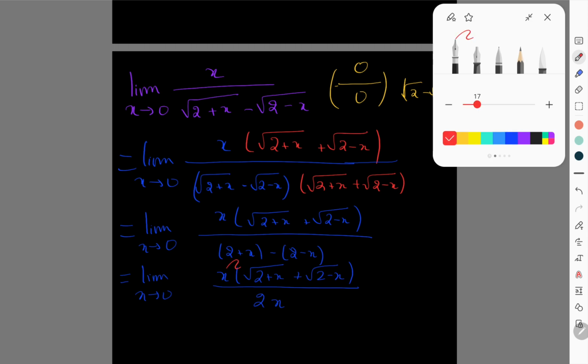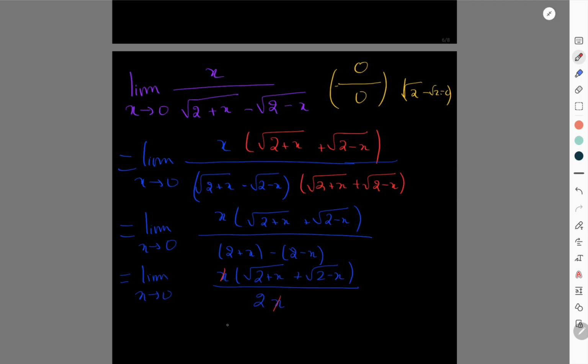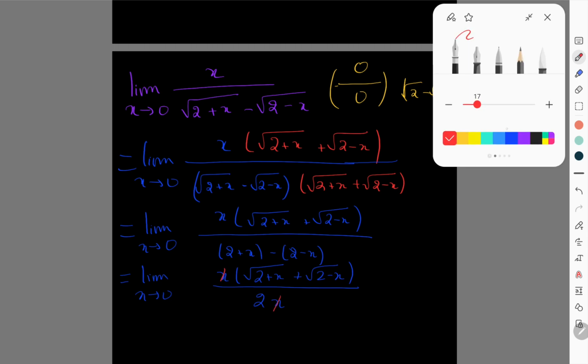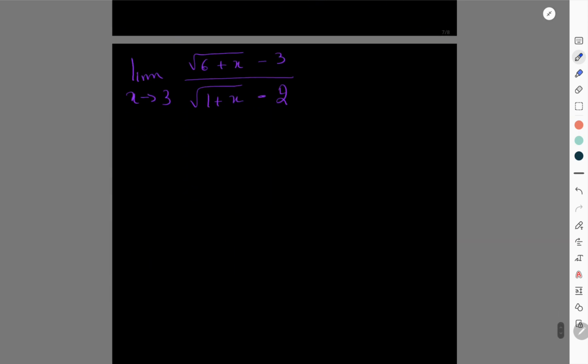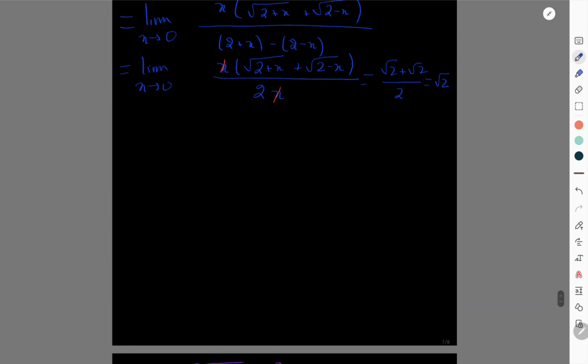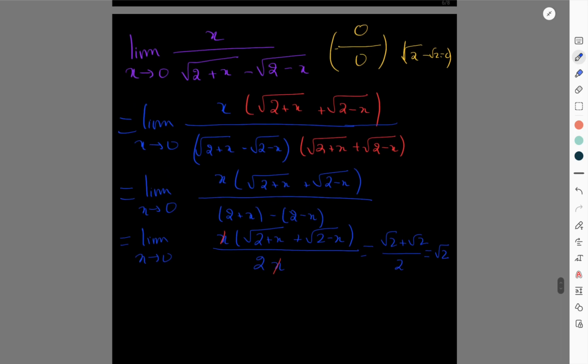Now I'll be a bit fast and cancel the x out. And notice that this limit can be evaluated by simply plugging in the value x equals 0. So what do I get? I get root 2 plus root 2 over 2, which is just root 2. It's very important.